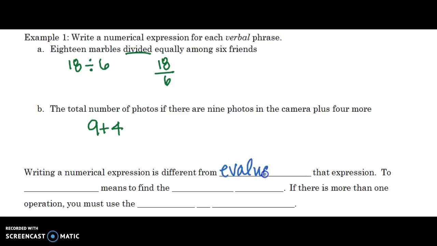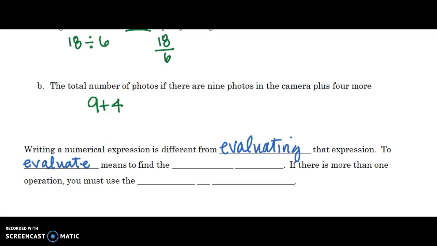When it asks us to evaluate, that means to find the numerical value. So actually solve. If there is more than one operation, that's when we must use the order of operations. The order of operations. We're going to talk about that next.